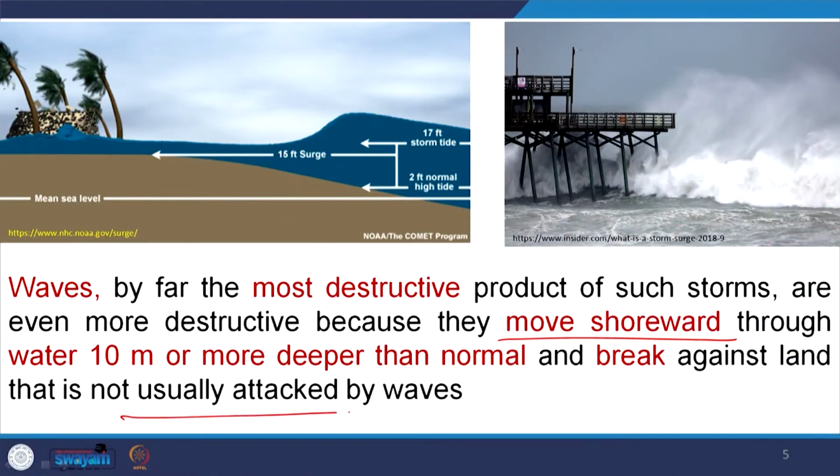Waves, by far the most destructive product of a storm surge, are even more destructive because they move shoreward through water tens of meters deeper than normal and break against land that is not usually attacked by waves.